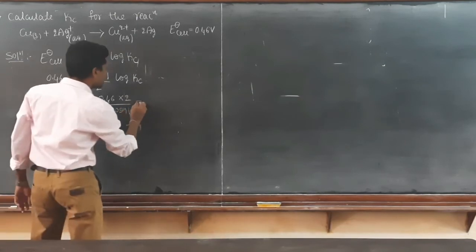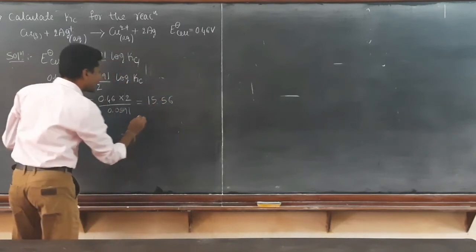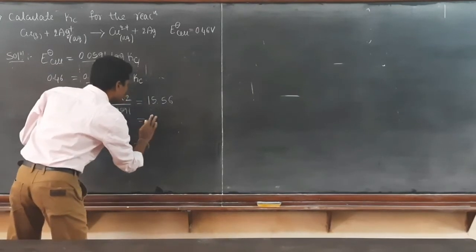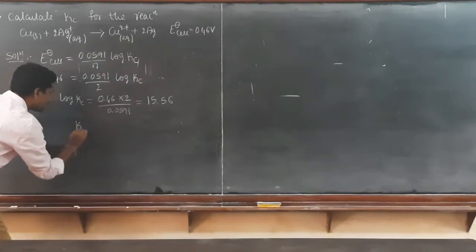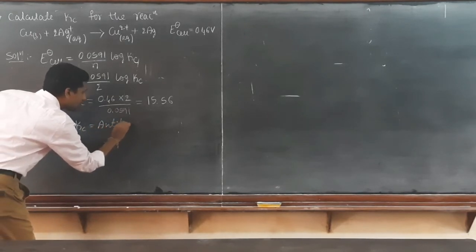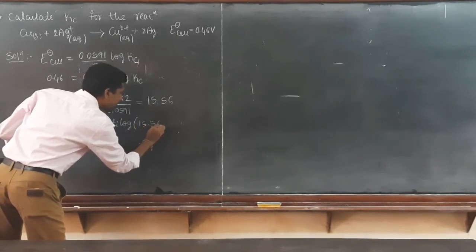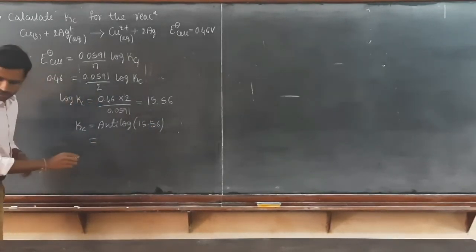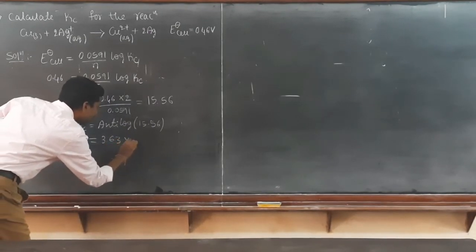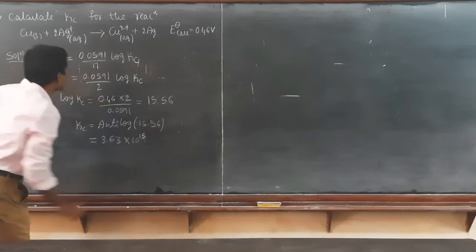If you calculate this one, you will get 15.56. So Kc is equal to antilog of 15.56, which is nothing but 3.63 into 10 to the power of 15. So this one is the answer.